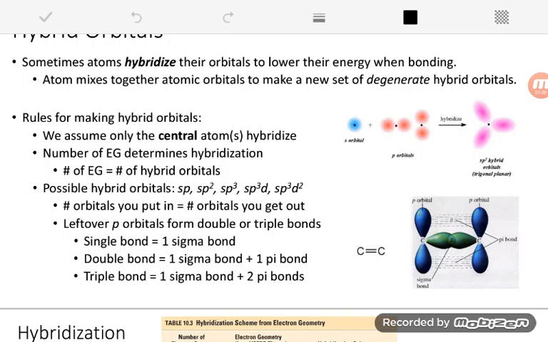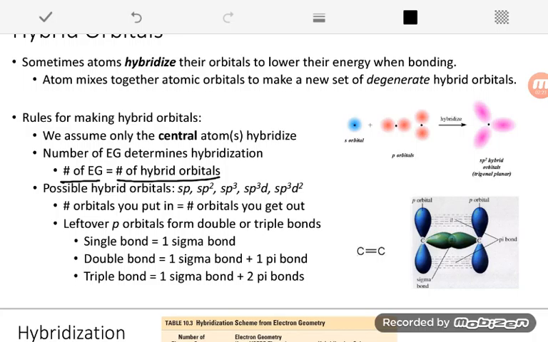The atom's not going to do more work than it has to, though, so it's only going to hybridize however many it has to. We can look at the Lewis structure and figure out how many electron groups the central atom has around it, and that's going to determine the hybridization. However many electron groups it has, that's how many hybrid orbitals it's going to make. So if it had 3 electron groups, it would want to make 3 hybrid orbitals.